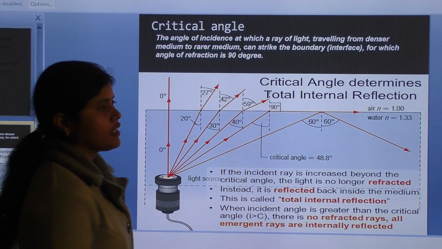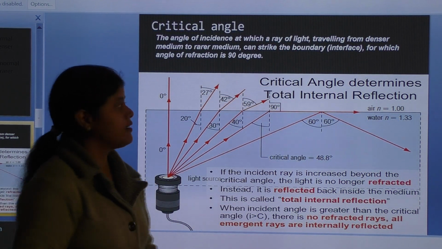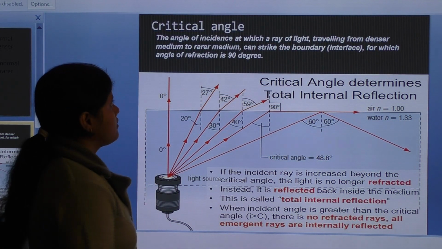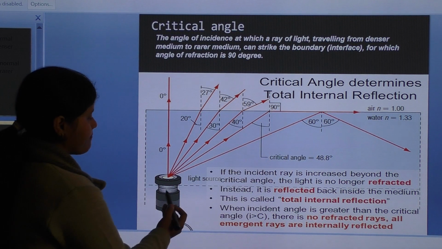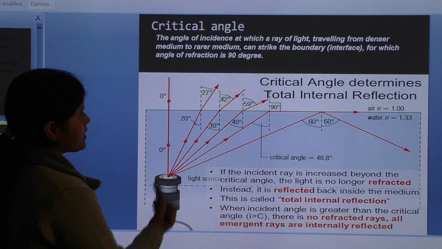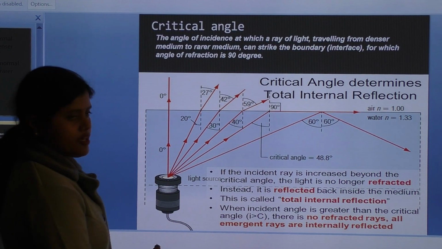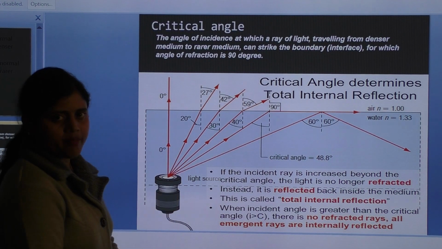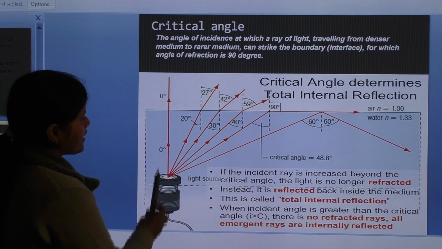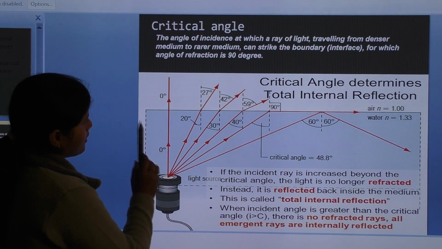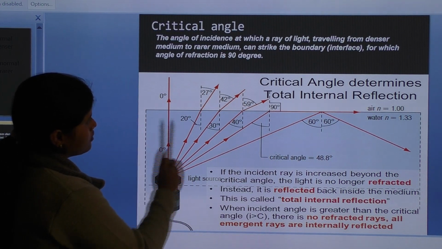So now let us understand what is critical angle. In the case of critical angle, we see a source of light here. Basically it emits a laser, like a laser torch emitting a red light beam. It is a very fine collimated beam. In the first case, it is incident perpendicular to the interface.